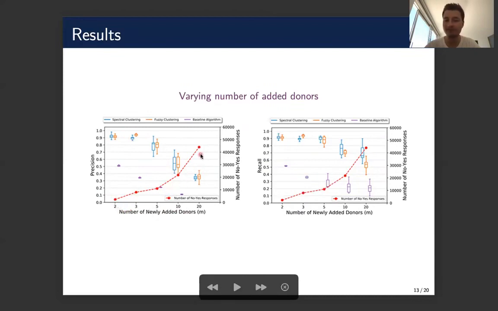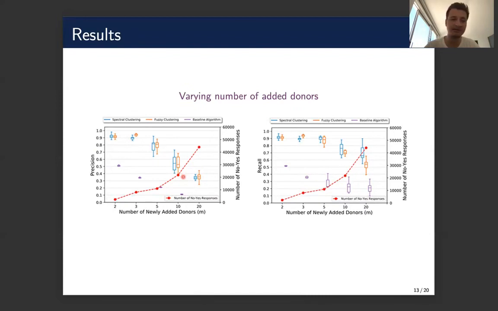Precision and recall values stay high until a certain point. Our performance drops after a certain point because the number of clusters that we need to find increases, and this makes it harder for our clustering algorithm.